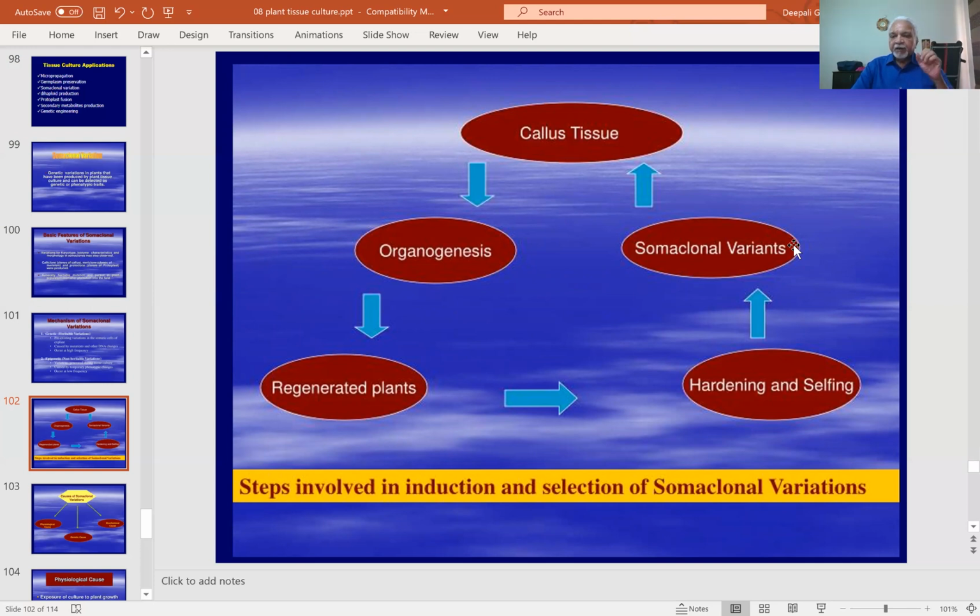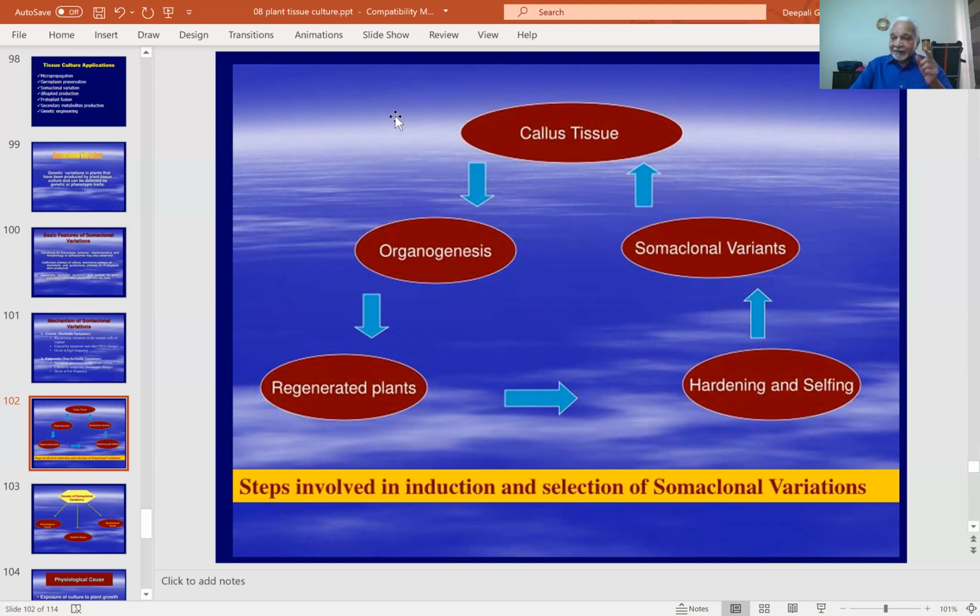And that particular plant can be further reproduced or multiplied by sexual means, and whatever variation one has detected at this level can be multiplied many times. So these are the steps involved.